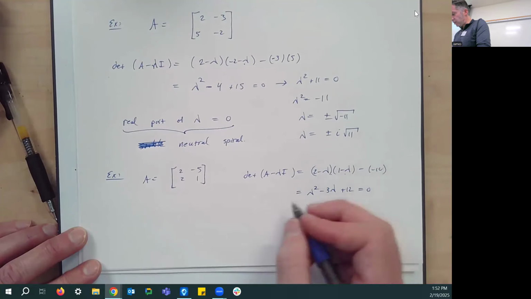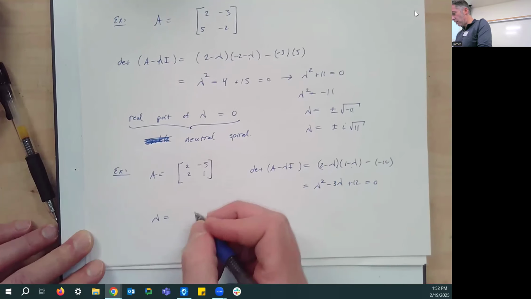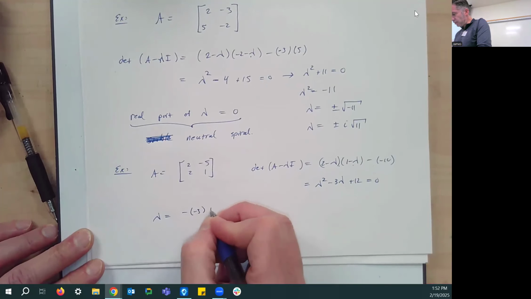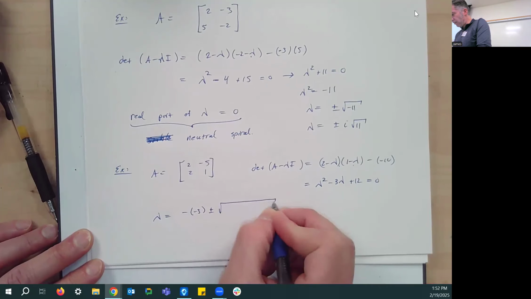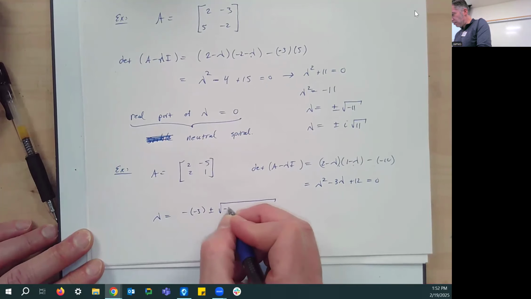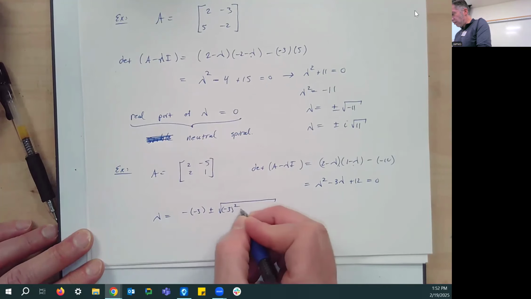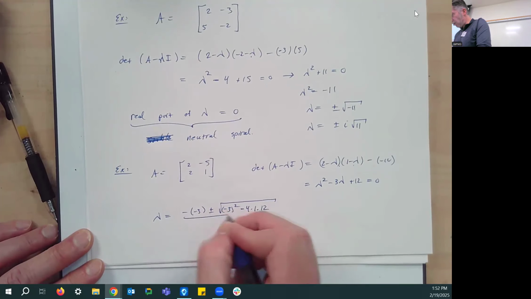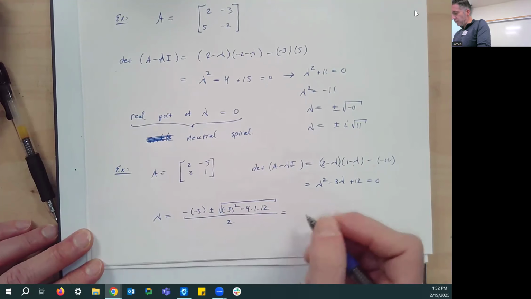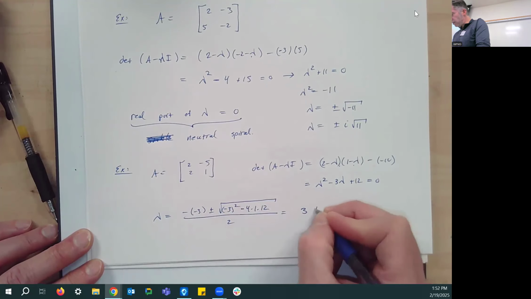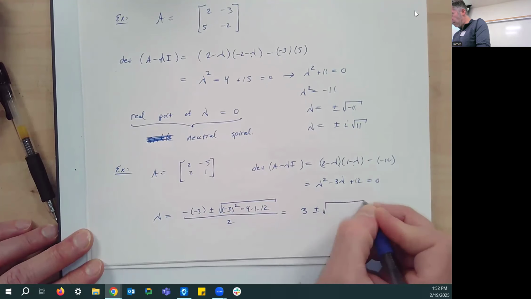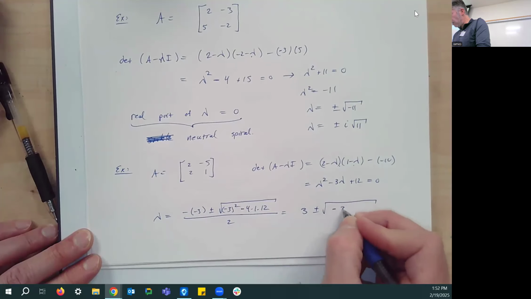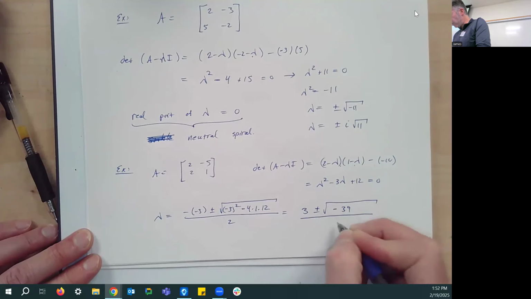That doesn't factor, so we get lambda equals -b plus or minus the square root of b squared minus 4ac all over 2, which ends up being 3 plus or minus the square root of 9 minus 48, which is -39, all over 2.